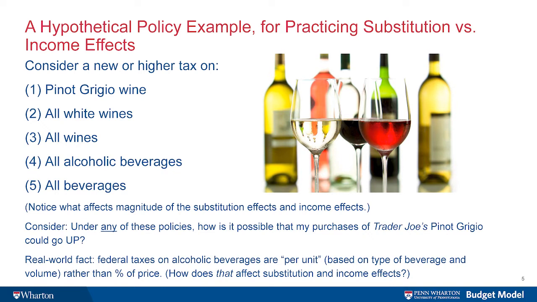You can think about how that affects substitution and income effects. Basically, because it's a bigger percentage of lower price, the per unit tax ends up generating larger substitution effects for lower priced items. Also, it affects income effects because it's a distributional issue.